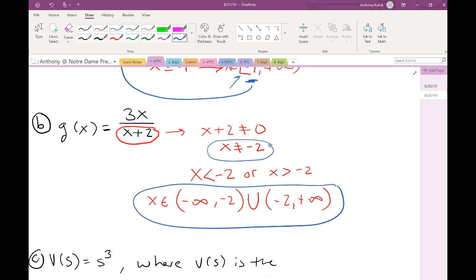Where is the issue going to come in? Can anybody see an issue that we might have here?